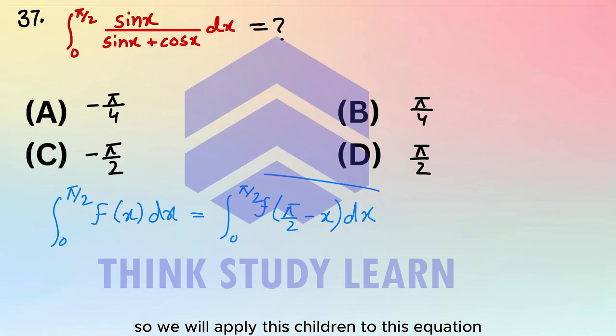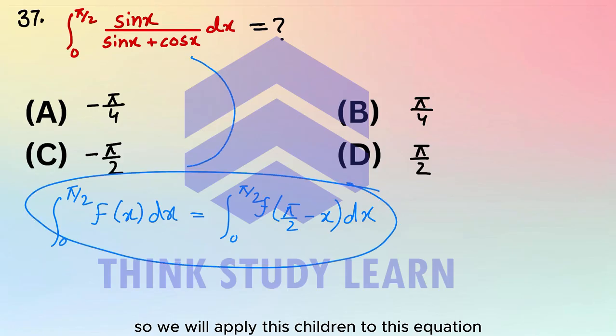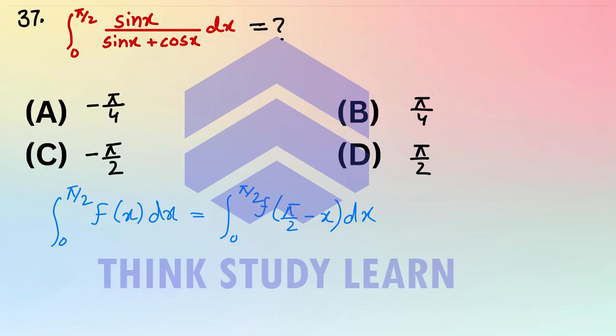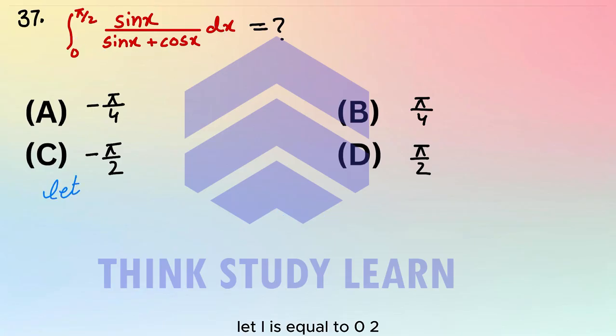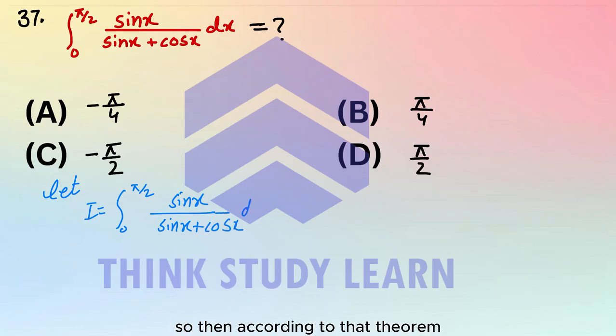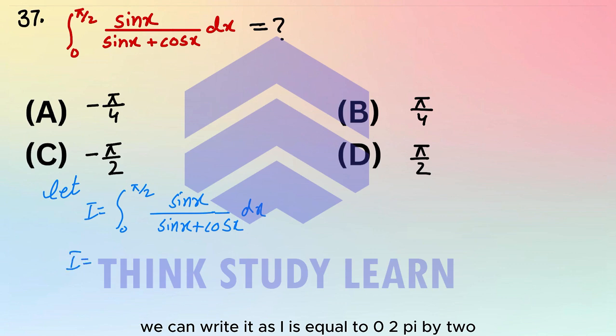So we will apply this theorem to this equation to solve this question. So applying this theorem, let I be equal to the integral from 0 to pi by 2 of sine x over sine x plus cos x.